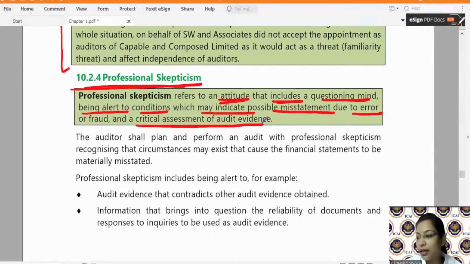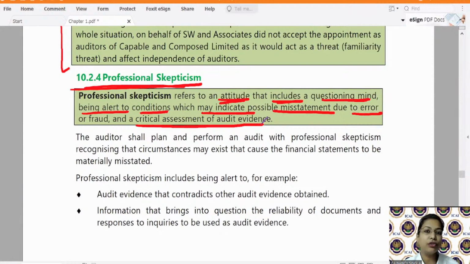There is always a questioning mind, asking something or the other. So I gave you an example that if I get an audit evidence, I will not just keep it in my file like that. I'll go through it.